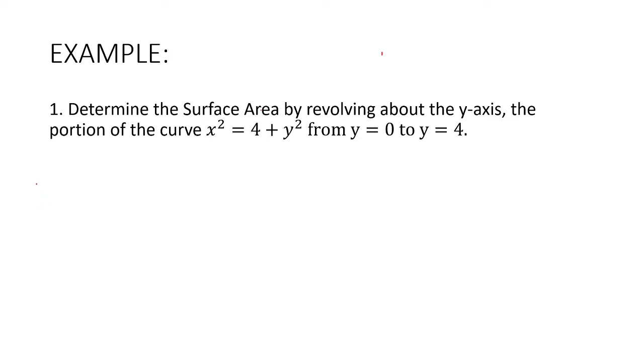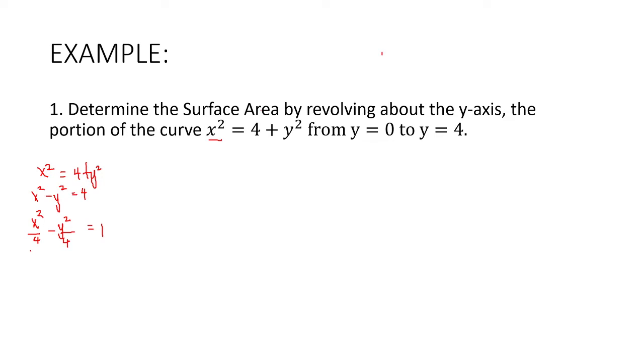So a hyperbola has this equation, x squared over a squared minus y squared over b squared is equal to 1. So how are we going to change that into the standard form? Okay, let's do that. So you have x squared minus y squared is equal to 4. Divide everything by 4, so you have x squared over 4 minus y squared over 4 is equal to 1.